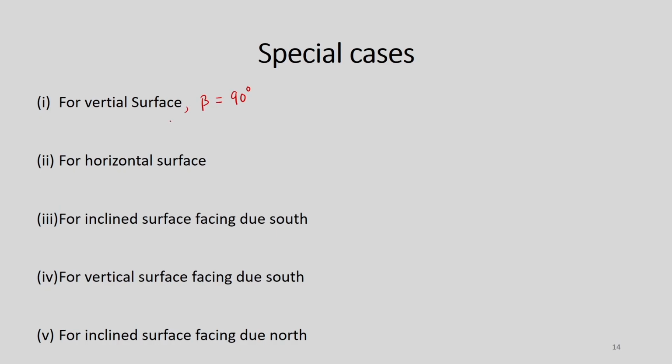So, I can write, if beta is 90, then cos theta will simplify to an expression something like this: sin phi cos of delta, cos of gamma, cos of omega, minus cos of phi, then sin of delta cos of gamma, plus we will have cos of delta, then sin of gamma, then sin of omega.